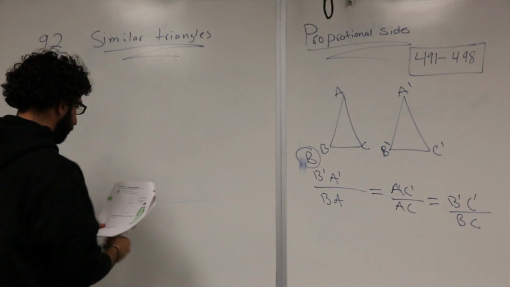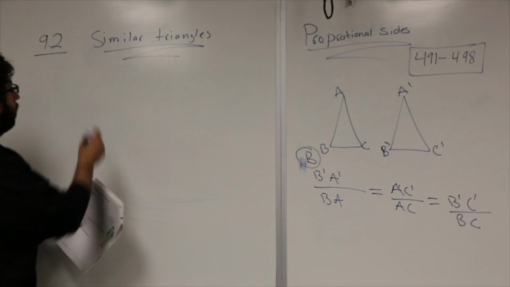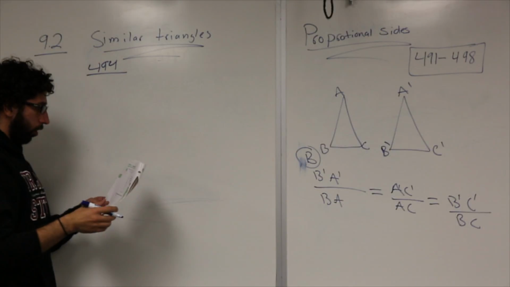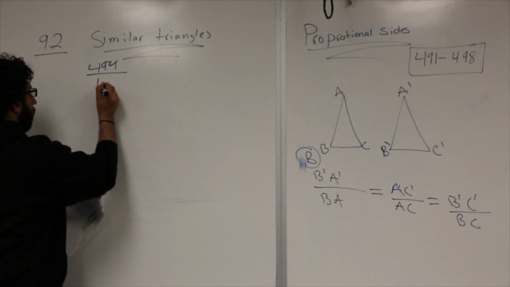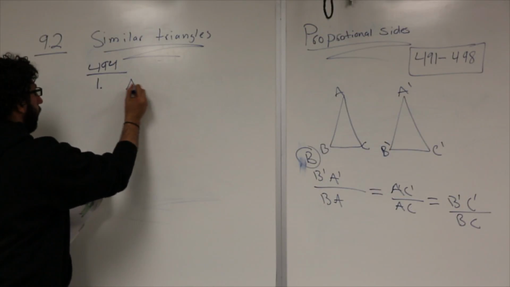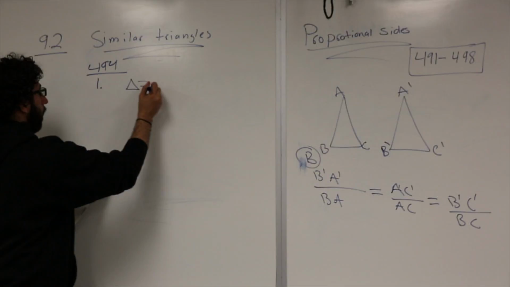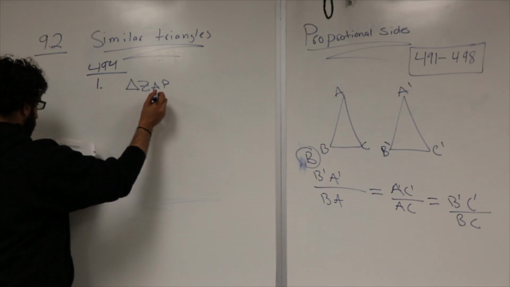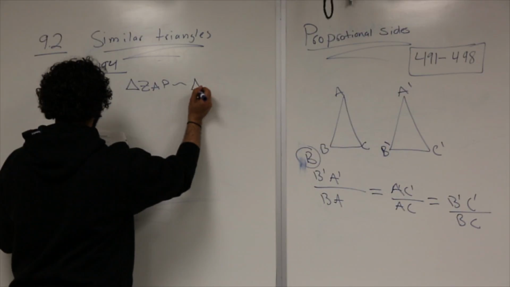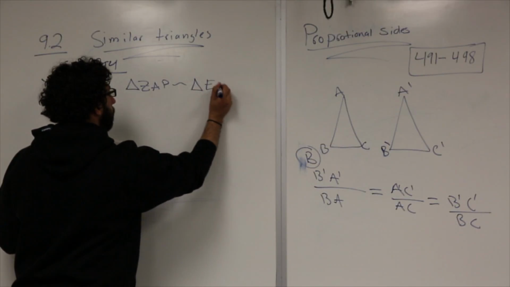Similar triangles. Let's go to page 494. Number 1. And it says, given triangle ZAP is similar to triangle EDP.